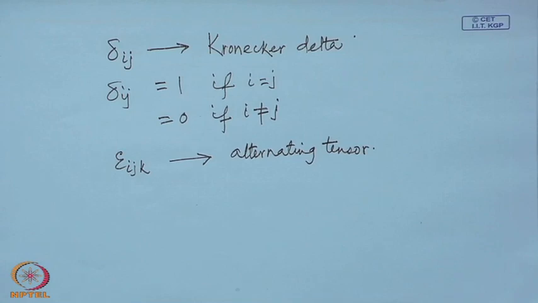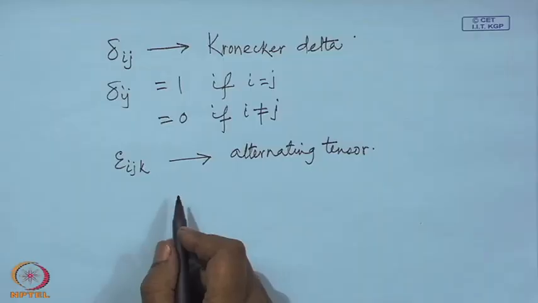It needs 3 subscripts to express it. Third order tensor means in 3 dimensions it has 3 by 3 by 3, that is 27 elements in total. And here also the elements have pre-assigned values.